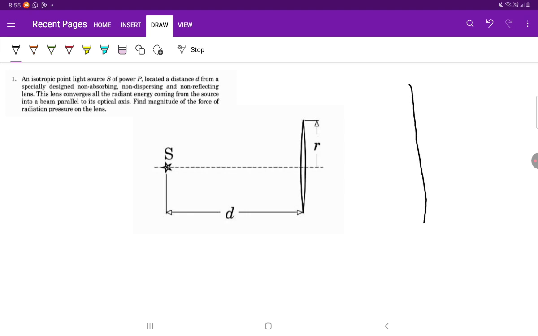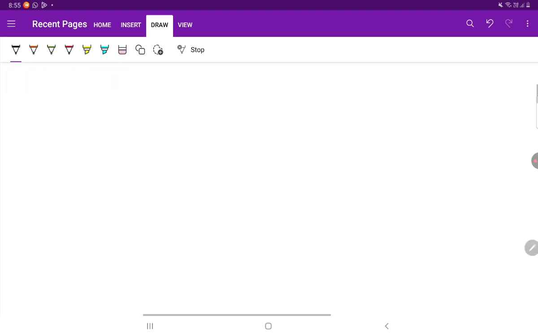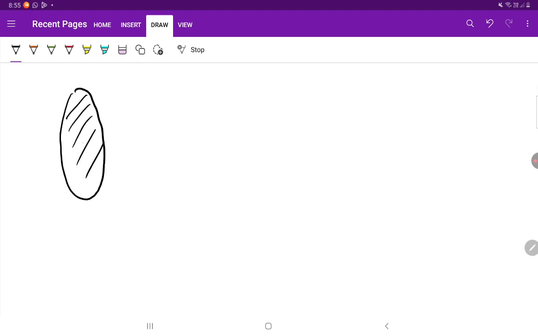We know that if we have a circular disc with center C, and a point P such that PC is perpendicular to the disc, then the solid angle subtended by the disc at point P is given as capital Omega equals 2 pi (1 minus cos theta).